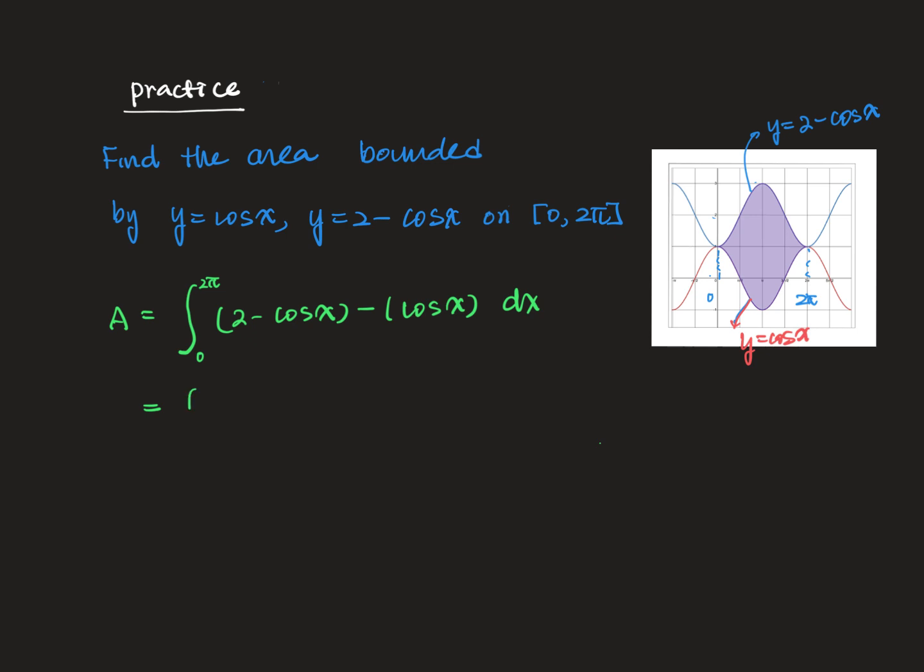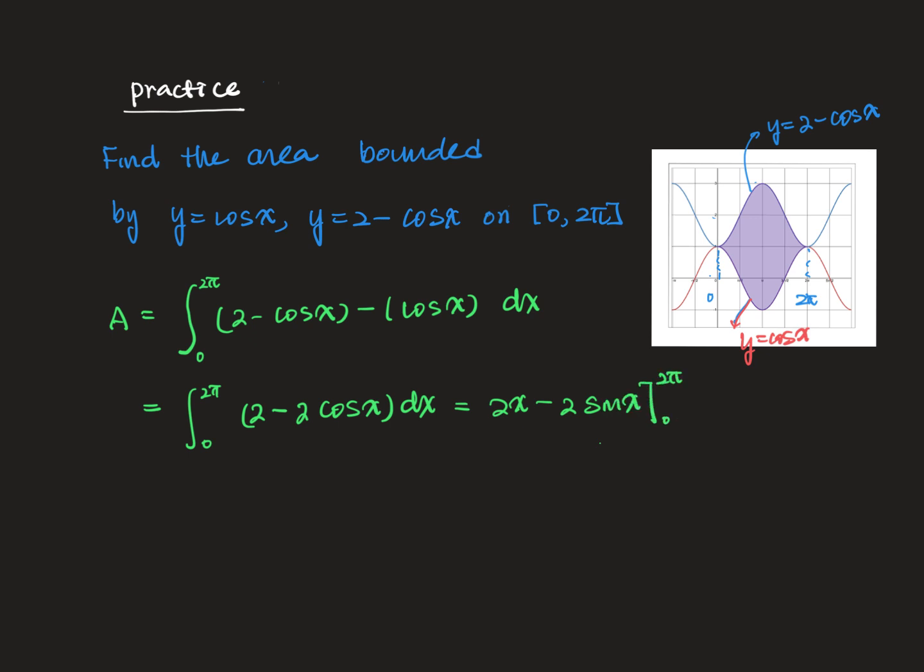So this one is from 0 to 2 pi of 2 minus cosine x minus cosine x, that's 2 minus 2 cosine x dx. So find the antiderivative: 2 gives 2x. What is the antiderivative of cosine? 2 sine x, from 0 to 2 pi.